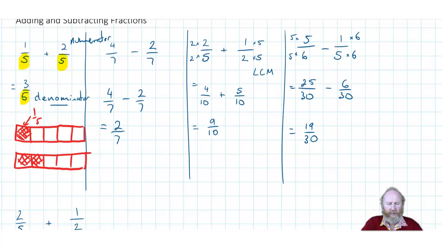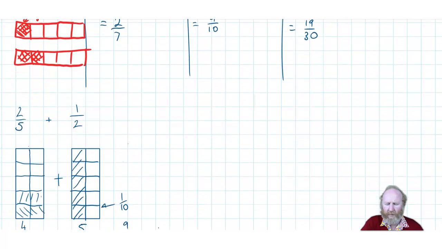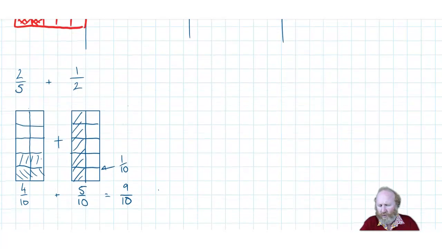Now, a couple of comments here. Yes, in the middle of doing an addition question, we had to do some multiplying. That does not mean that we've suddenly changed what type of question we're doing. Remember the diagram at the bottom. When I drew in the extra line on one of them, drawing in a line doubled the number of pieces. That's multiplying by 2.